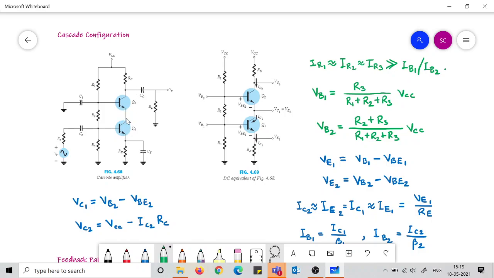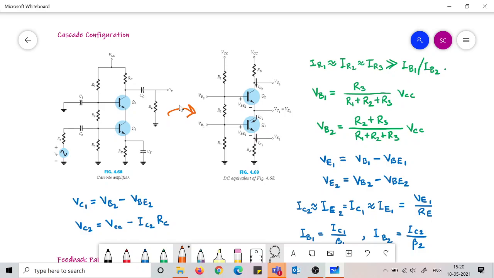So the collector of the first is connected to the emitter of the second. There are all these capacitors you can see, but when we are doing the DC analysis we have to neglect all these things. So the equivalent circuit looks like this.